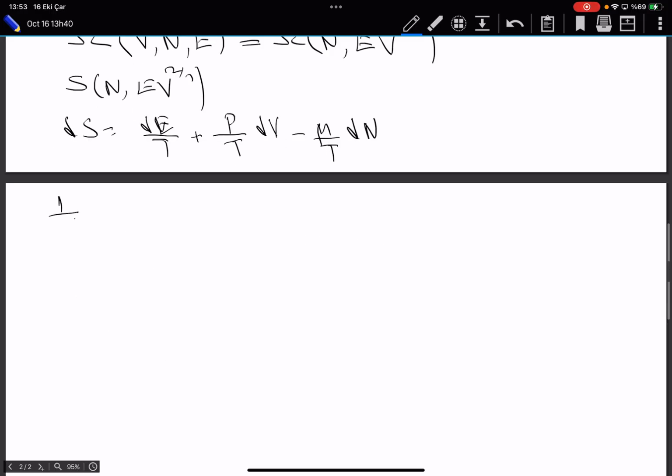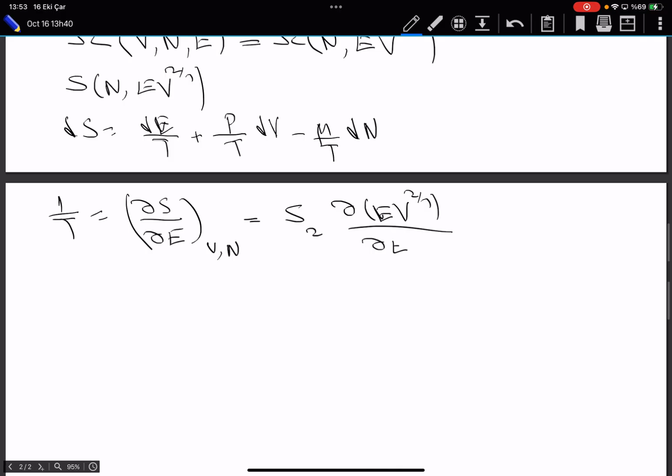So 1 over T is dS/dE, keeping V and N constant. This is equal to the derivative of our entropy expression with respect to its second argument times the derivative of E times V to the 2/3 with respect to E, keeping V and N constant, which will be just V to the power 2/3 times the derivative of the entropy with respect to its second argument.